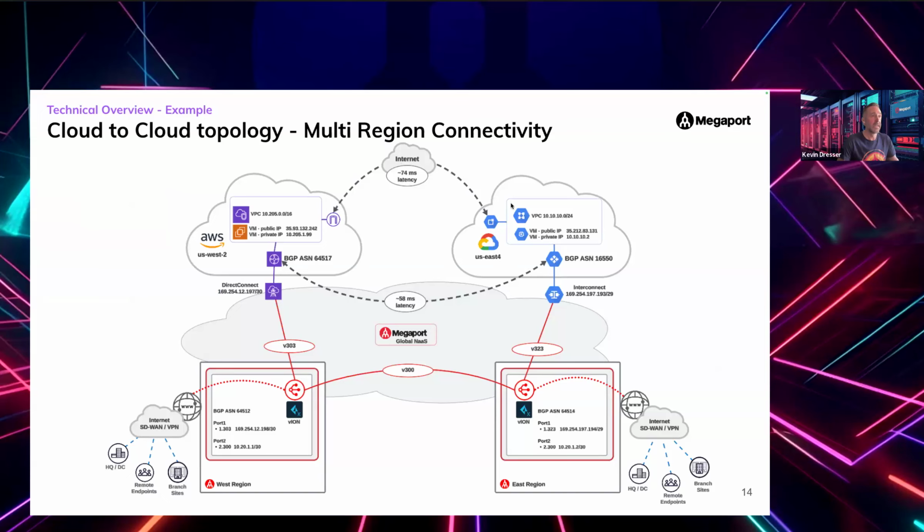The first one went over the internet. The second went over my partner interconnect to my VION here in Ashburn, Virginia. I've got a private connection. Think of this as a global WAN segment between the two regions, and then coming across the direct connect into my AWS environment.